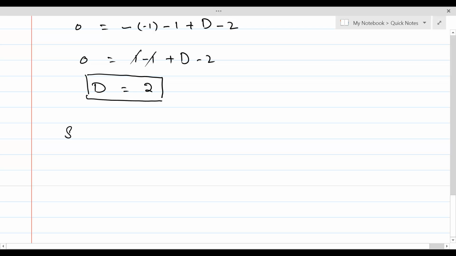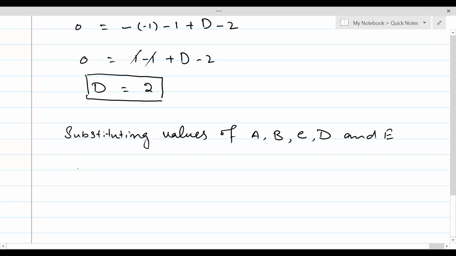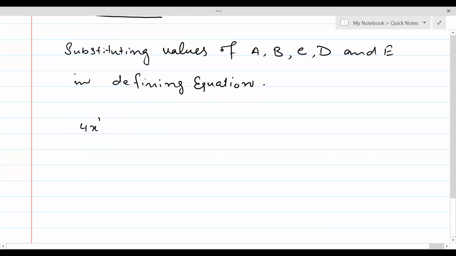Substituting the values of A, B, C, D, and E in the defining equation, we have 4x² over (x² plus 1) whole squared times (x minus 1) equal to, what was the value of A?